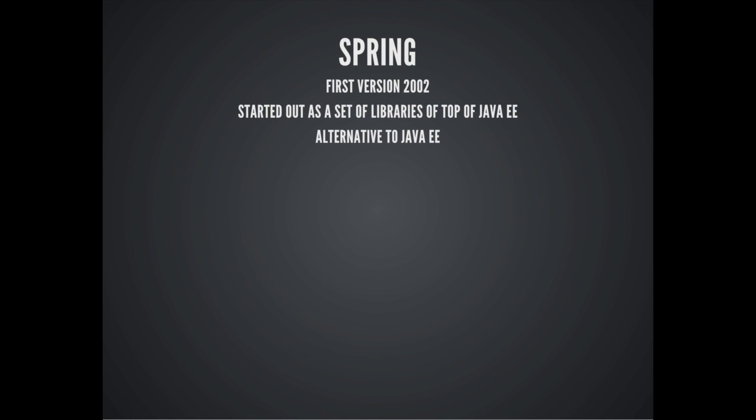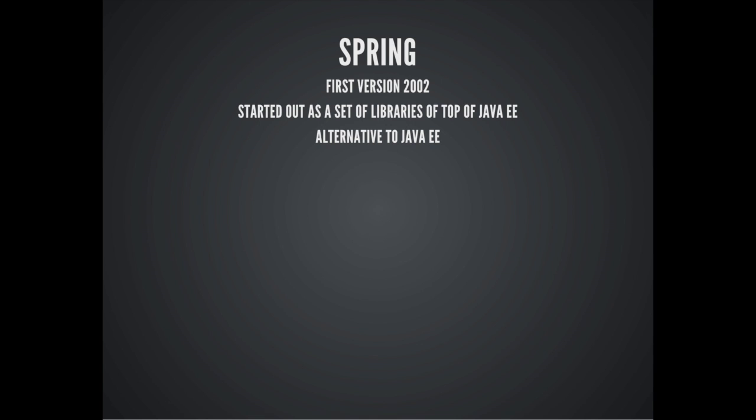Spring was developed starting in 2002 by Rod Johnson and then a lot of other people. It started out as a set of libraries on top of Java EE, but it became an alternative. And in some ways, it can even be part of a Java EE implementation.